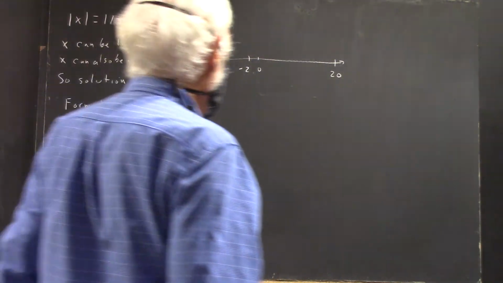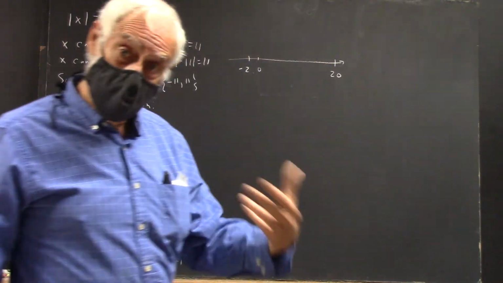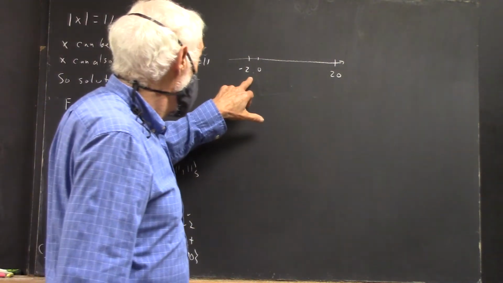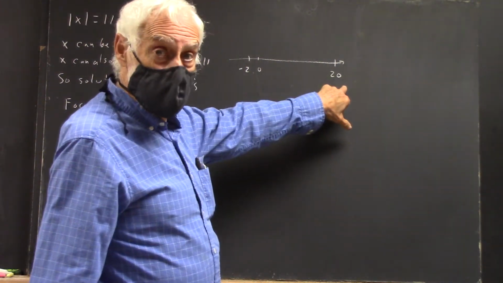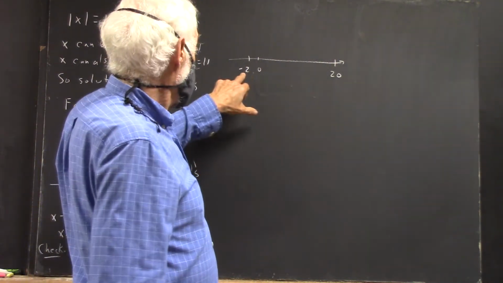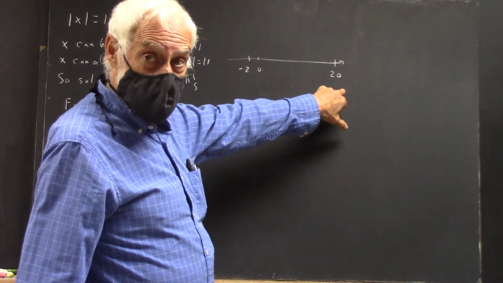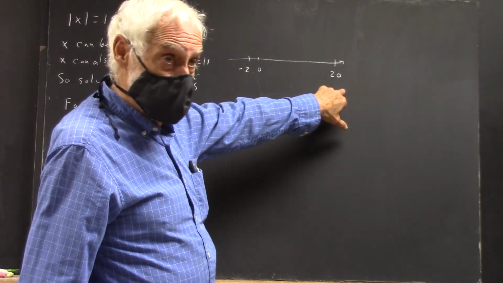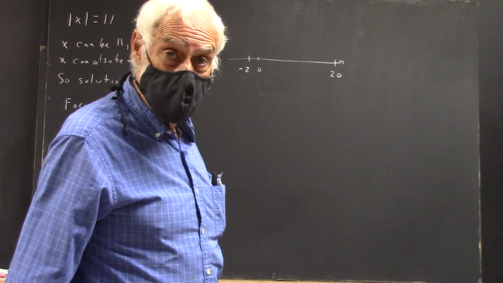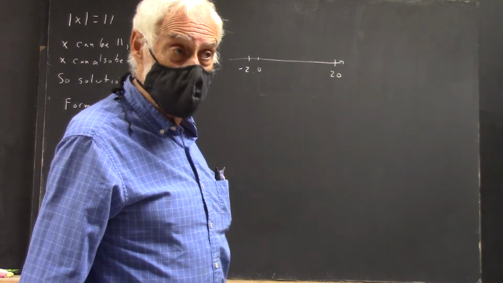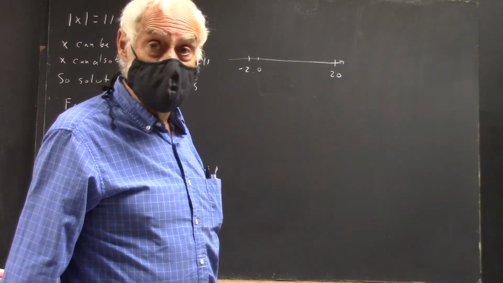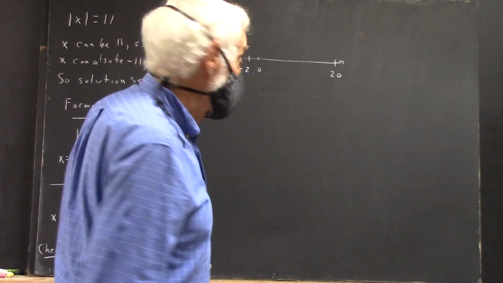Well, to get a number halfway between two numbers, and it's worth making note of this, you just add the two numbers and divide by 2. If you add negative 2 to 20, you get 18. Divide that by 2, you get 9, right? 18 divided by 2 is 9. Okay?